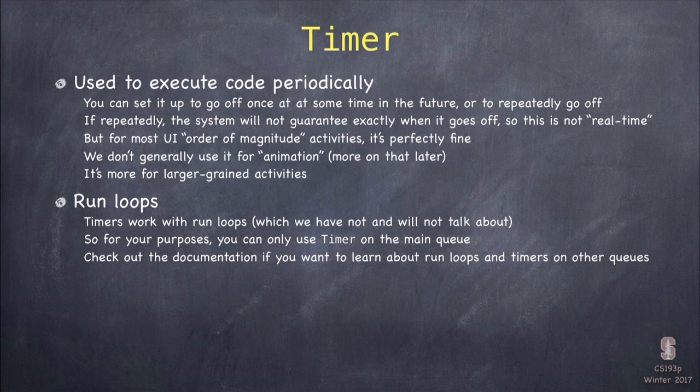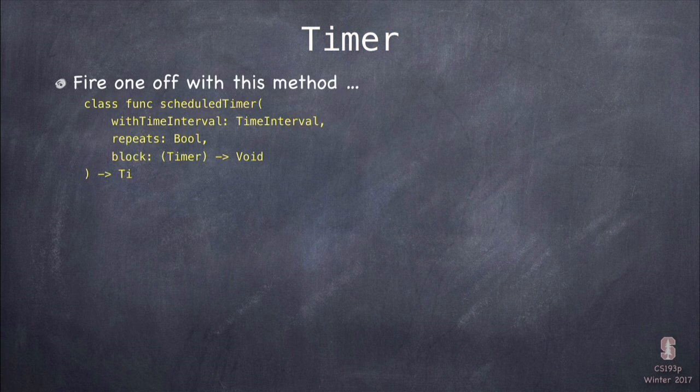And run loops aren't super complicated, but the reason I don't really talk about them is the run loop just kind of works on the main queue, and you don't really need to think about it. But if you ever find yourself thinking, oh, I want to use a timer off the main queue, then you're going to have to teach yourself about run loops, okay? Because the timers are totally based on the run loops. But for your purposes in this course, as a starting iOS developer, you can assume that timers are a main queue thing, okay?